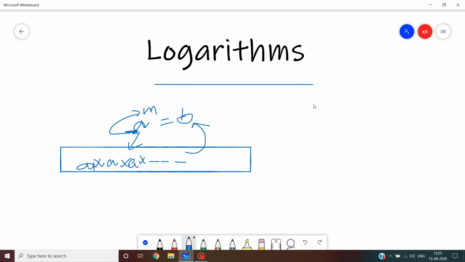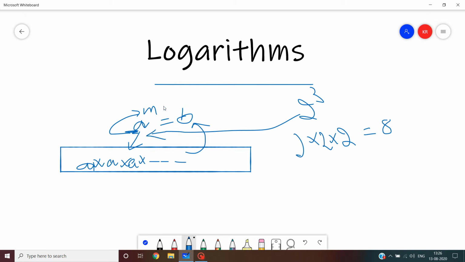If I take 2 power 3, 2 has to be multiplied 3 times, so I get a result of 8. Here 2 is the base, 3 is the power, and 8 is the final result.